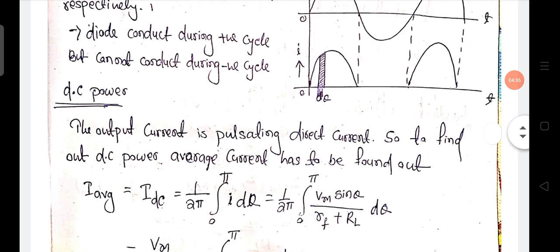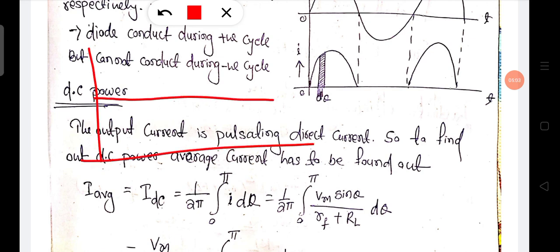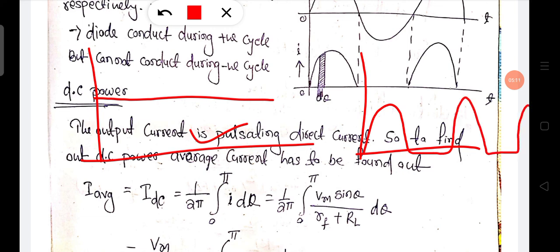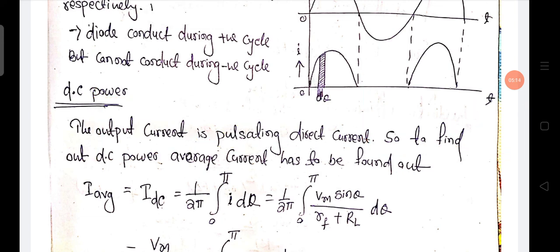Now for calculating the efficiency, first of all we calculate the DC power output. The output current is a pulsating direct current. This is not smooth direct DC, but here the DC is pulsating, so this is called pulsating DC.